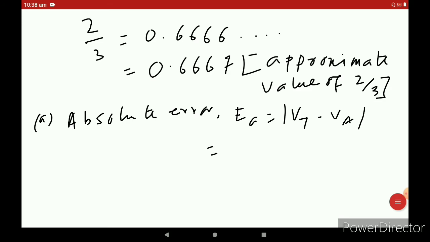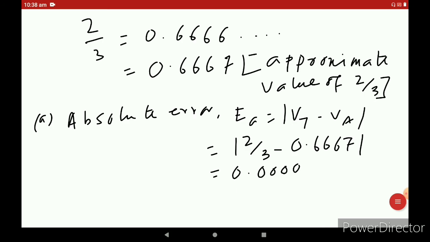So Vt is the true value 2 by 3 minus Va 0.667. Just put this value in your calculator and you get the value 0.4033. Okay.